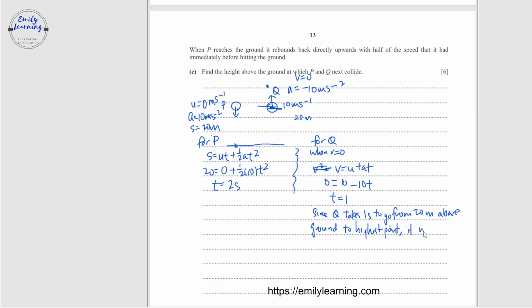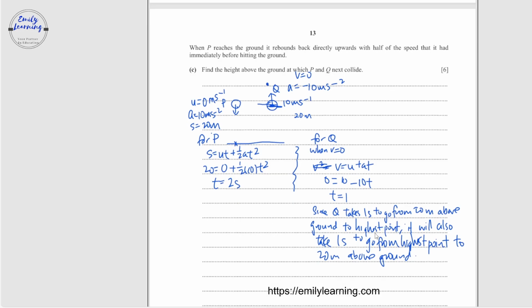Okay, it will also take 1 second to go from the highest point to 20 meters above ground.